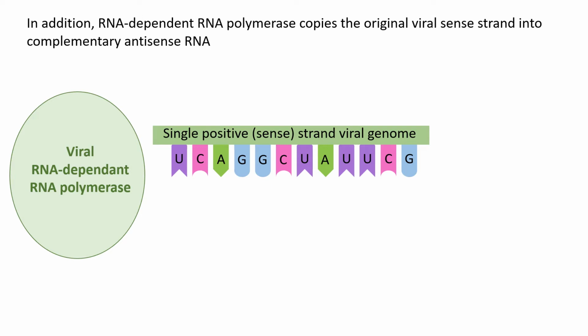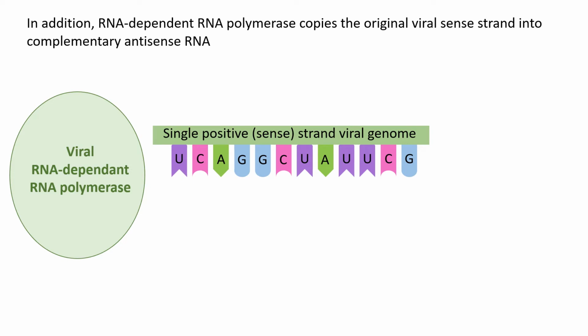As we said, viruses have other simple proteins. One of those is an RNA-dependent RNA polymerase. This RNA-dependent RNA polymerase copies the original viral sense strand to give a complementary, a paired, antisense strand.